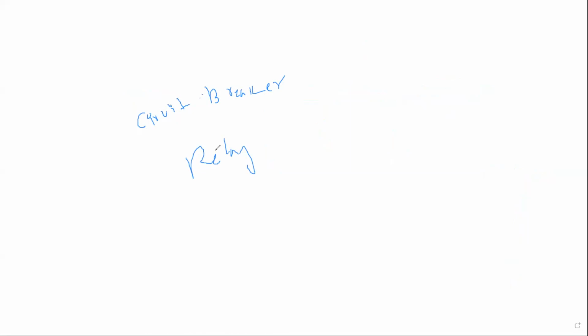One is the circuit breaker, another is the relay. The circuit breaker is the thing that actually opens and closes the circuit. Very simple. It is just like a moving contact. Whenever the system is in healthy condition, it will be closed, and it will ensure that power continues to flow in these directions. Whenever some abnormality or fault is produced here, the circuit breaker opens up, creating an open circuit, and thus stopping the flow of the fault current.